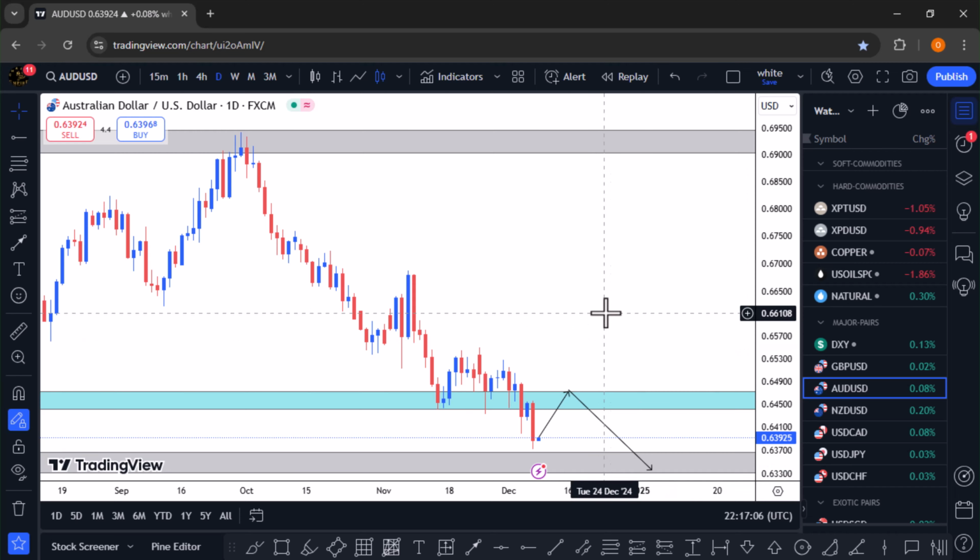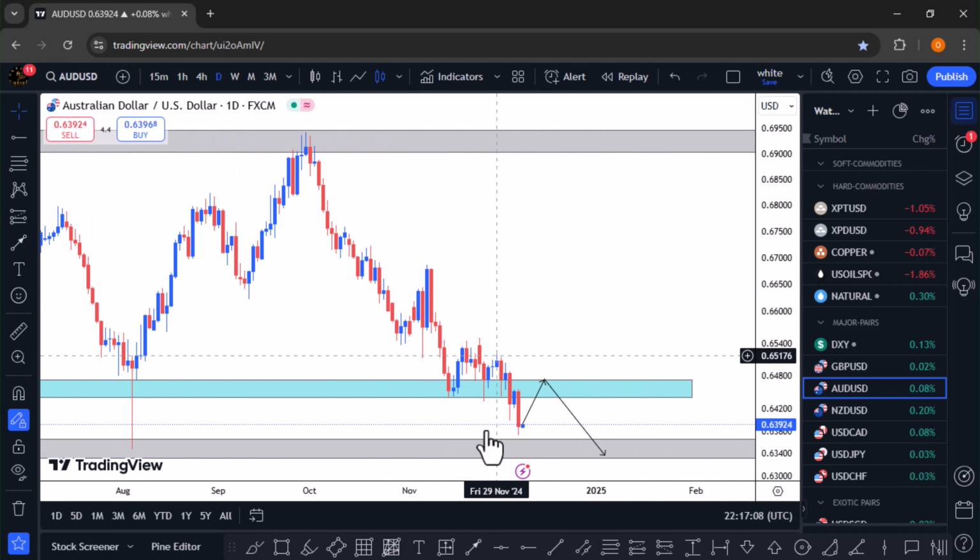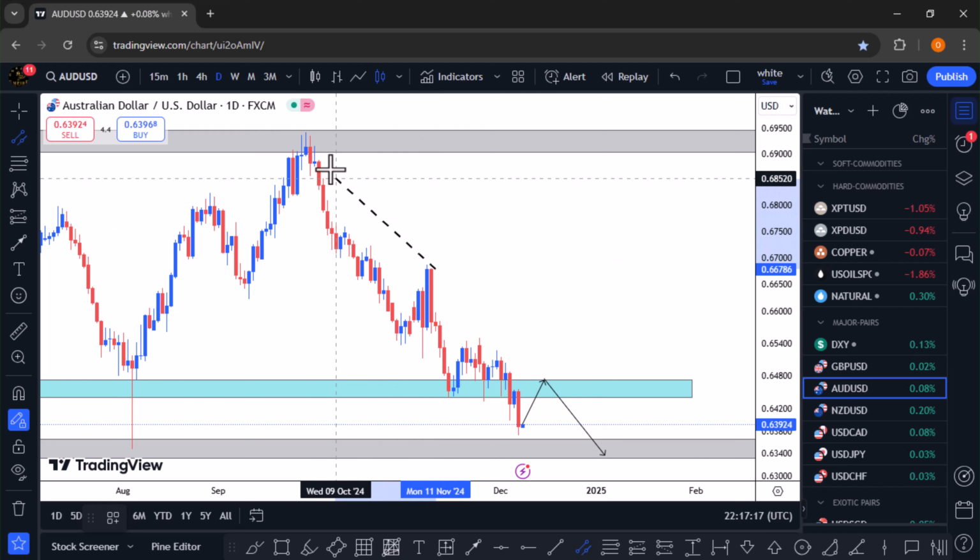Now there are two possibilities for us in this market. First, let's see if we can capture a trend to the downside, low high swings.